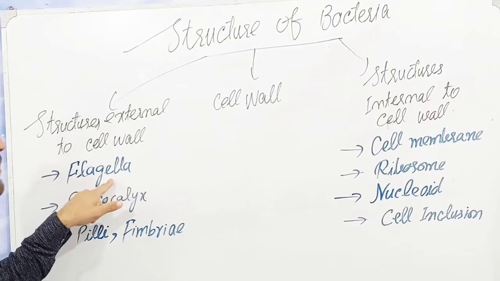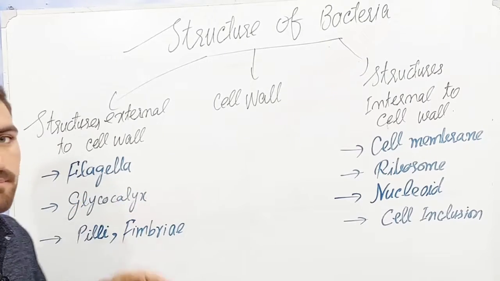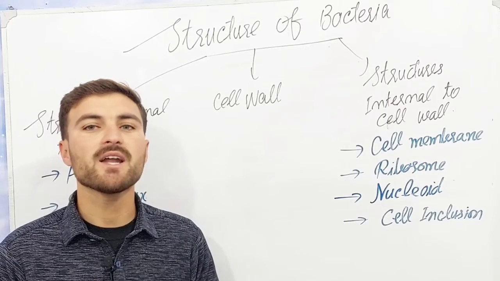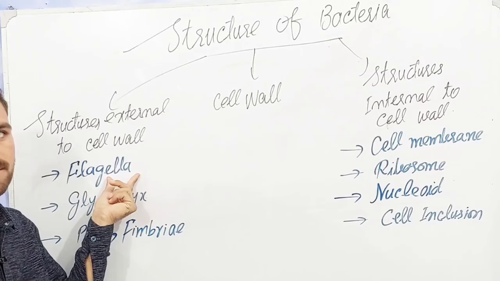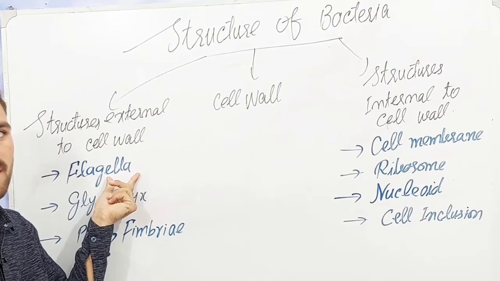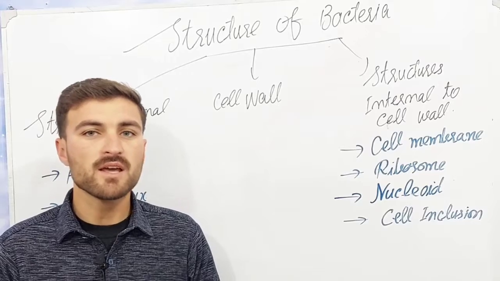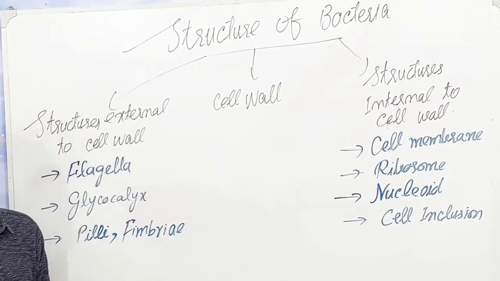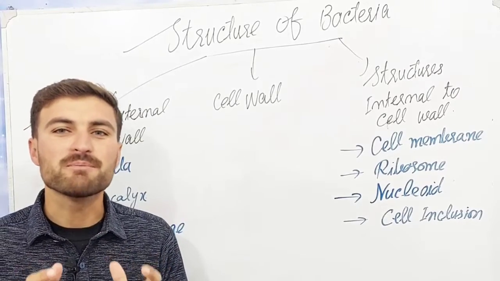We will discuss the structure of flagella: that it has a basal body, a hook, and a filament, and we will also discuss the types of flagella on the basis of numbers. We will also discuss the function of flagella, what the flagella do for the bacteria.